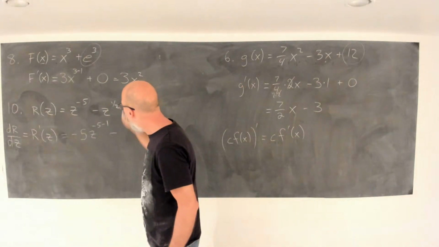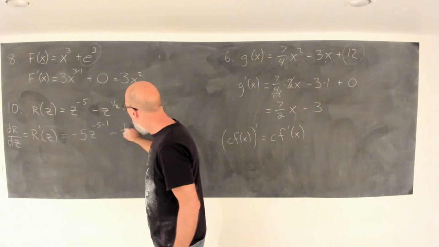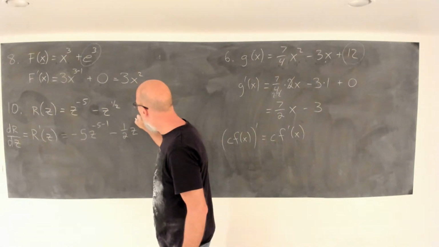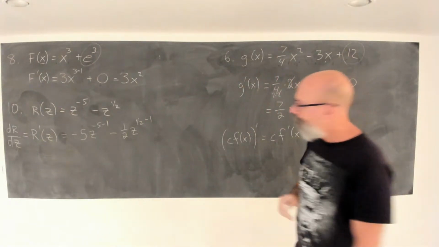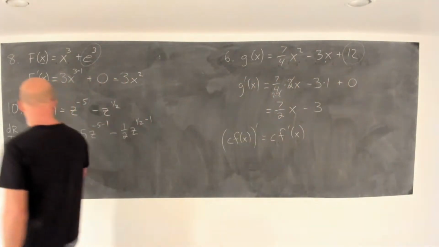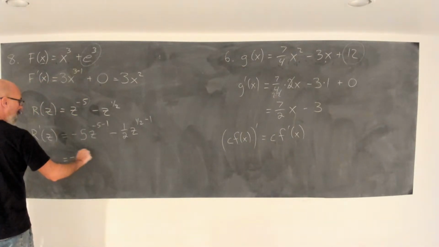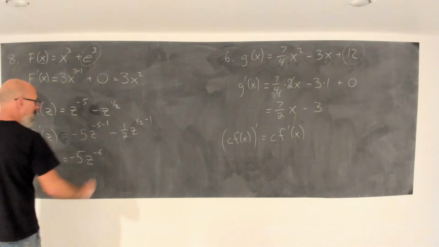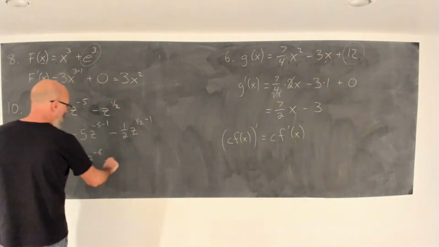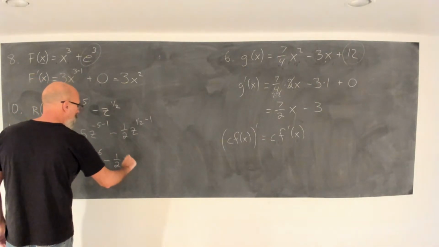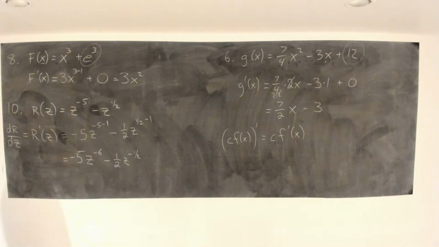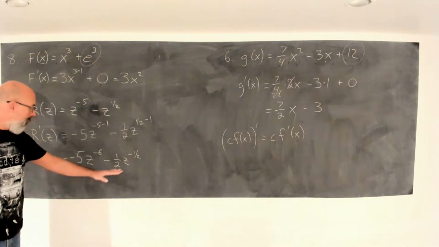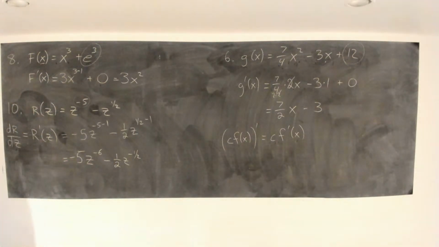And same thing here, bring the power down, 1/2 z to the 1/2 minus 1. So this is minus 5 z to the minus 6 minus 1/2 z to the minus 1/2. No point in rewriting anything here. Let's leave it as that.